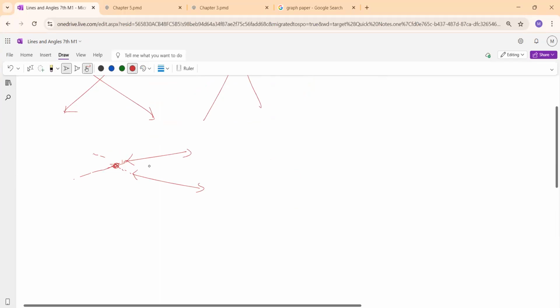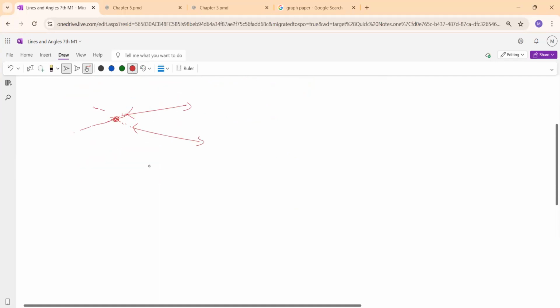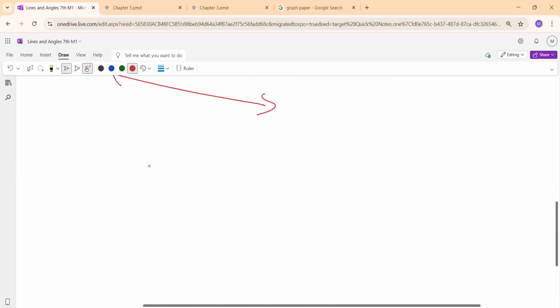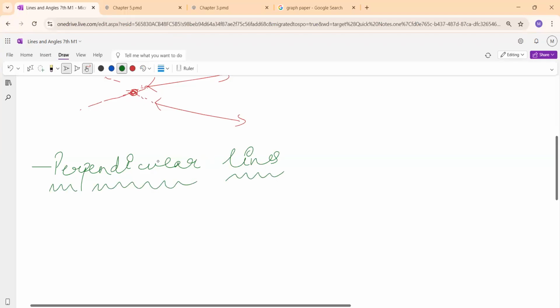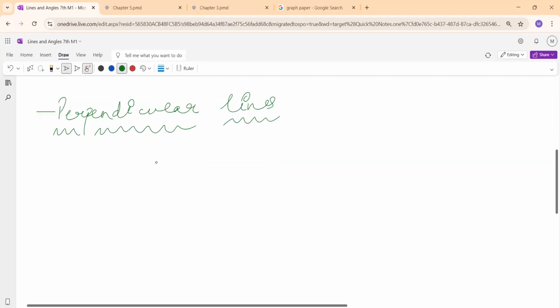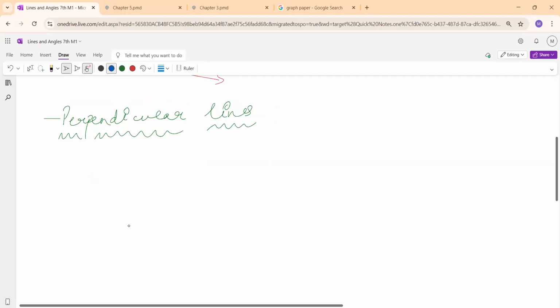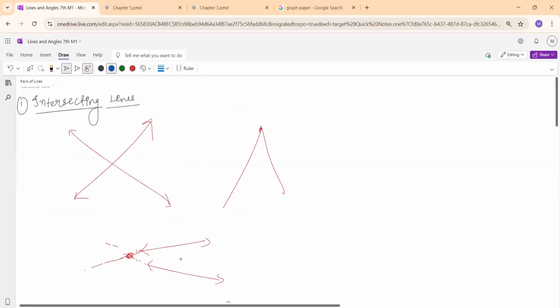Actually, first of all, under intersecting lines only, let's discuss one special type of lines that are perpendicular lines. What are perpendicular lines? Lines which are at 90 degrees to each other. Shall I add the definition for this also?